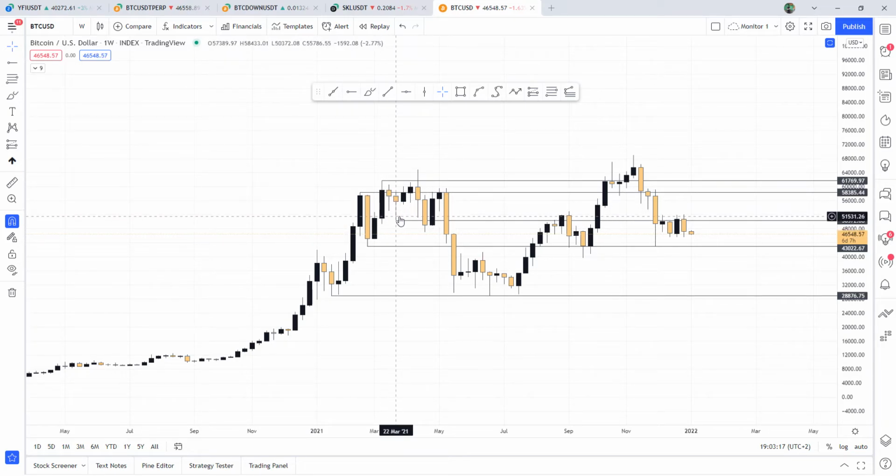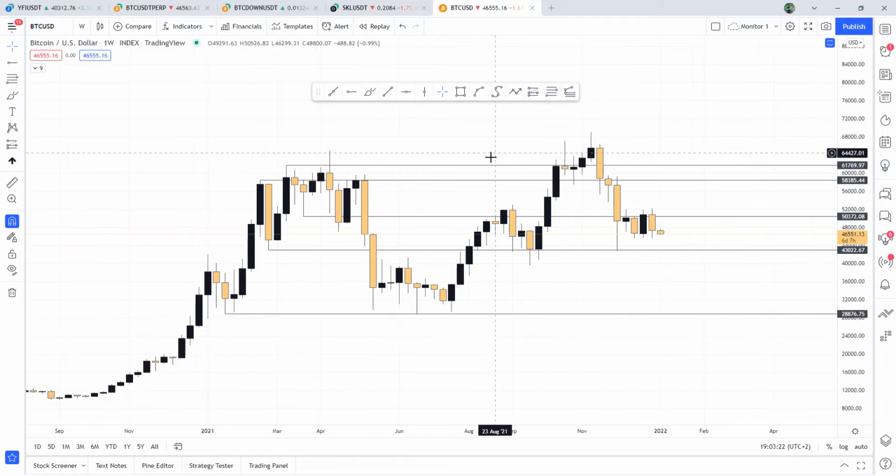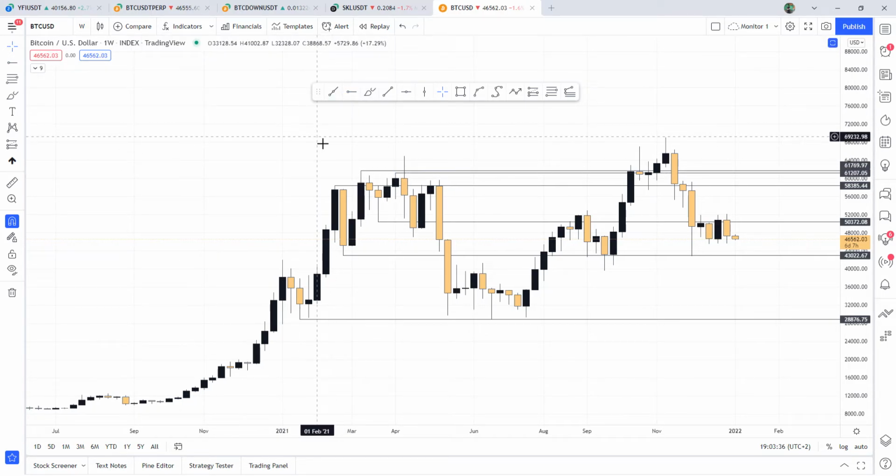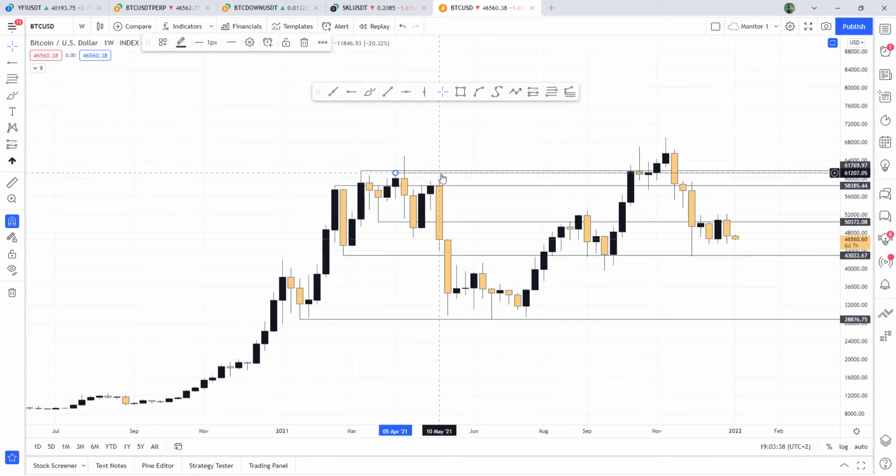And then we have two candles down and two candles up. If the wick is too close to another resistance, you can mark it or leave it. It's up to you.